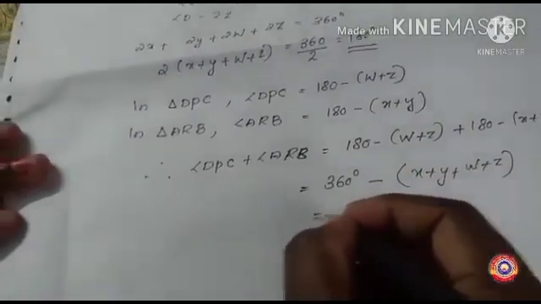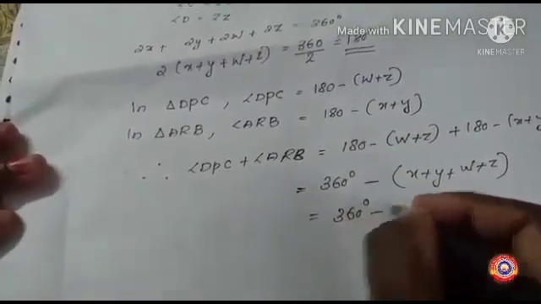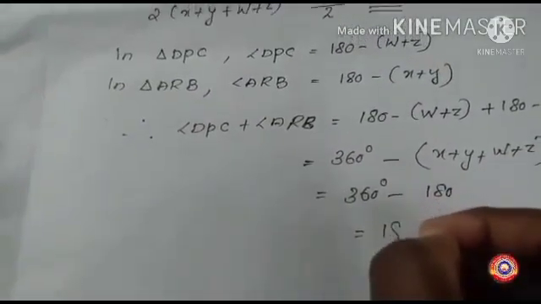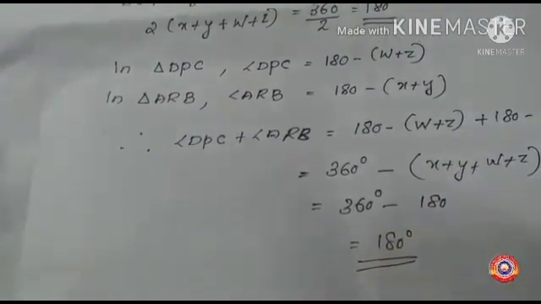It is equal to 360 minus 180 degrees. x plus y plus w plus z is 180. So 360 minus 180 is equal to 180 degrees.